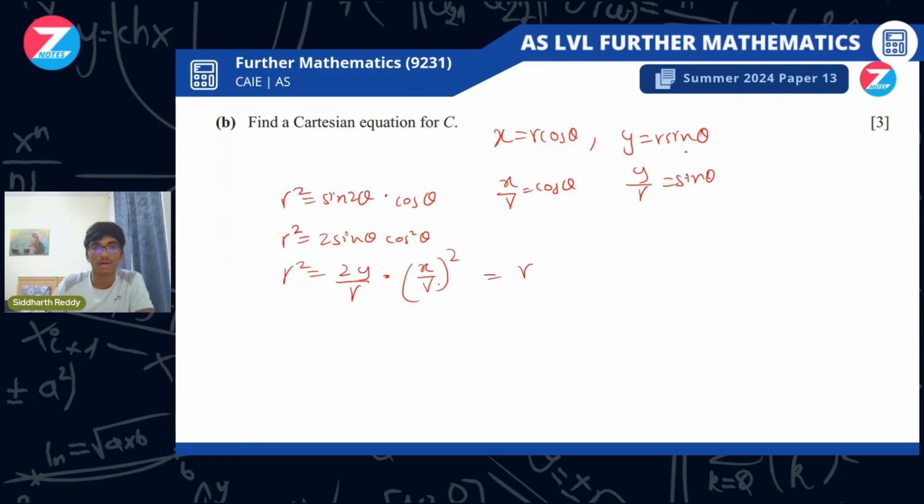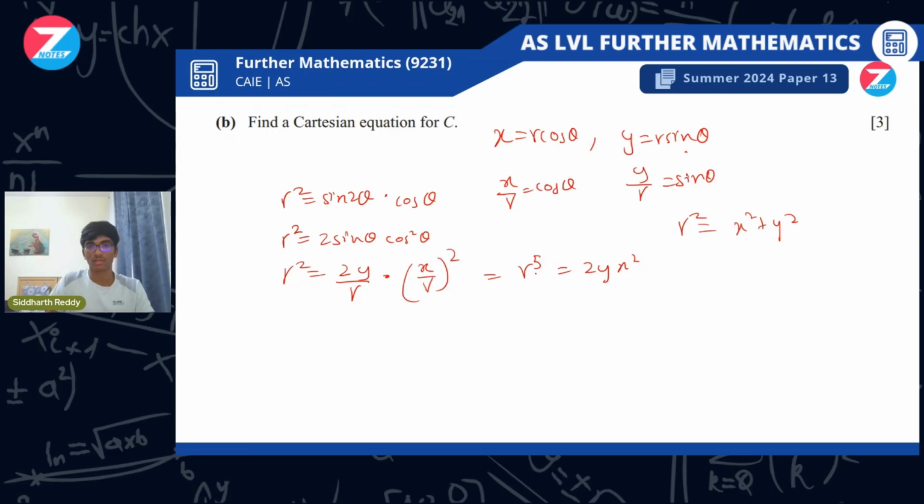So we have r to the power 4 is equal to 2yx square. This is actually r to the power 5 is equal to 2yx square. And also remember r square is equal to x square plus y square.